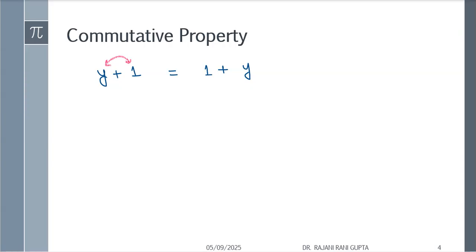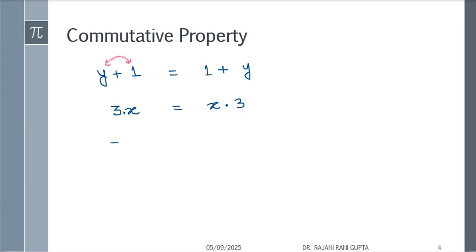Similarly, if I have 3x, it's multiplication. So how will you write it? x multiply 3. It's understood that when we write 3x, it means 3 multiply x. It's not mandatory to put the multiplication sign.